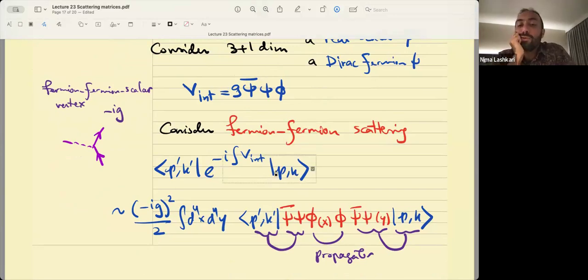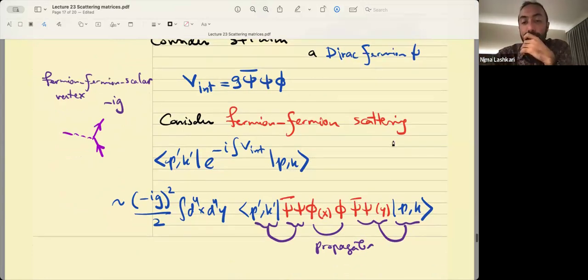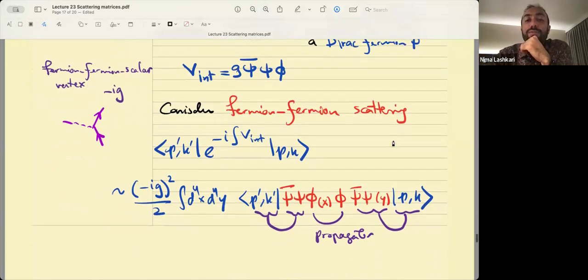So let's consider 2-to-2 scattering. The incoming momenta are P and K, and the outgoing momenta are P prime and K prime. We're going to consider fermion-fermion scattering. And it should be hopefully clear that the only way to pick up a correction is at order G squared, where you need a pair of these guys inserted.